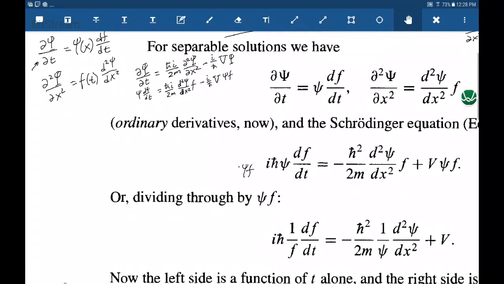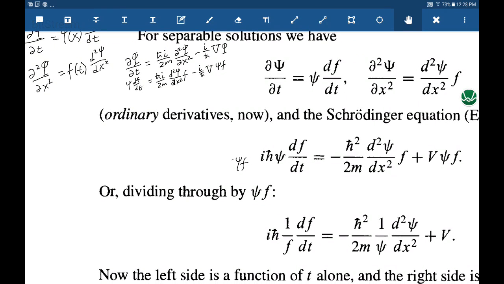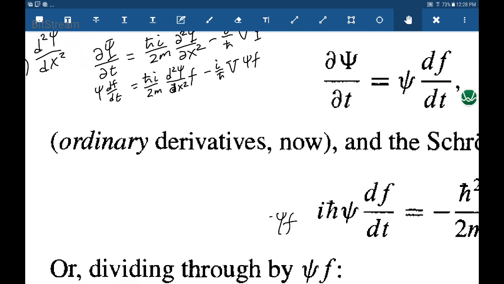Now what he did here was he just multiplied through by h bar divided by i. So I could rewrite this as this guy.